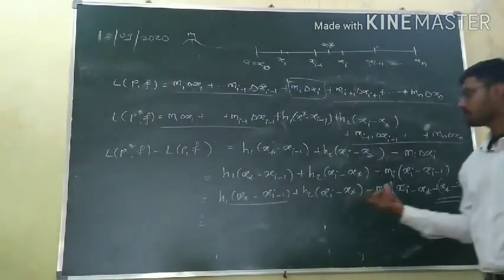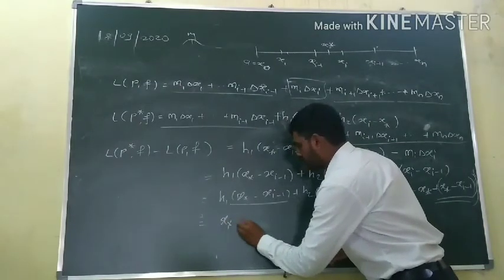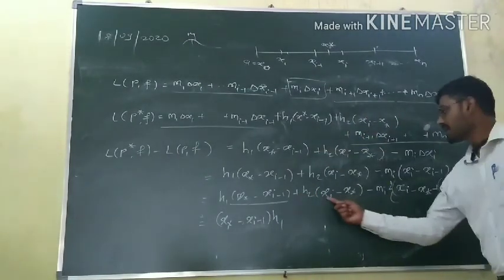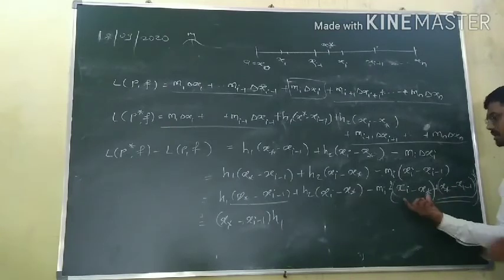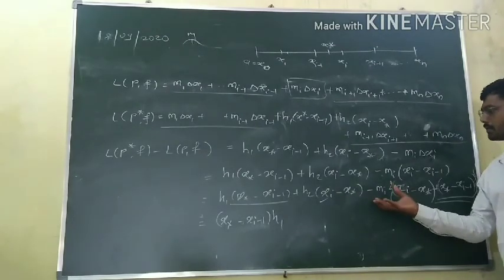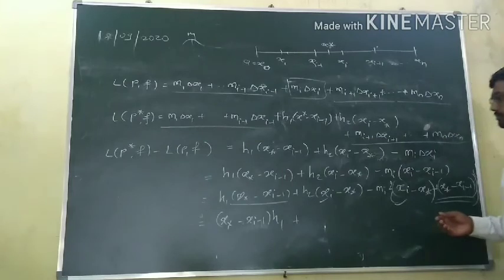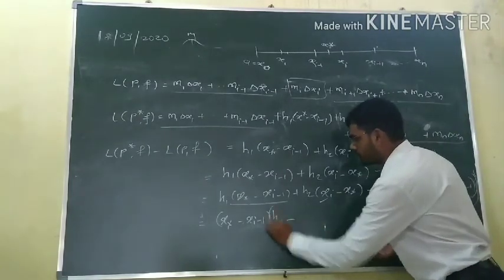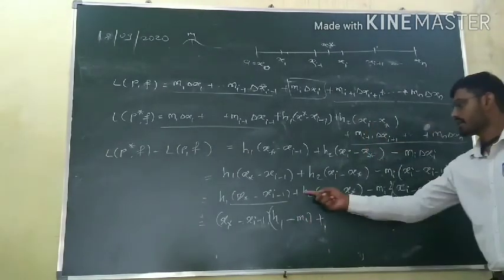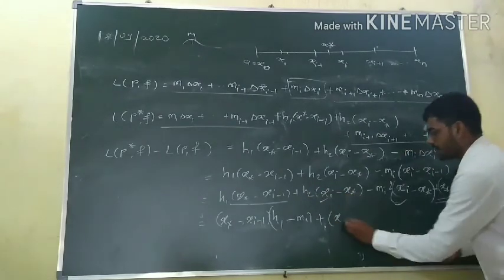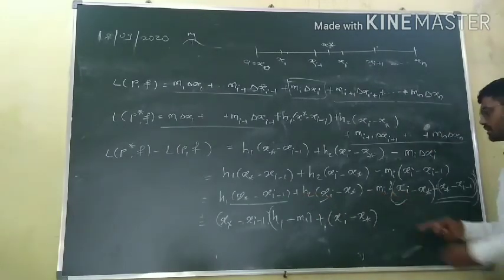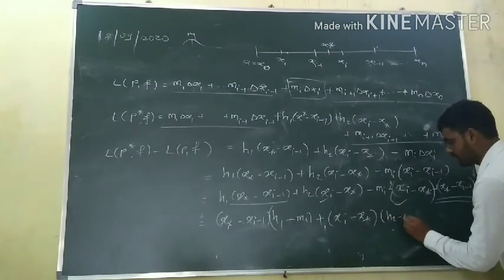Take it outside and write the remaining terms: h2 minus m i.